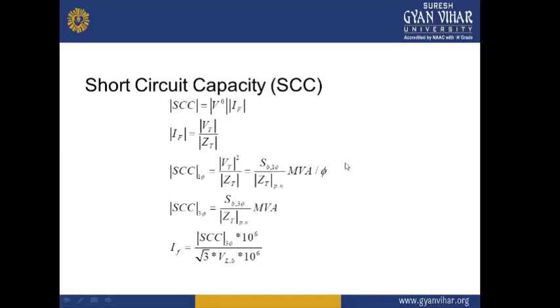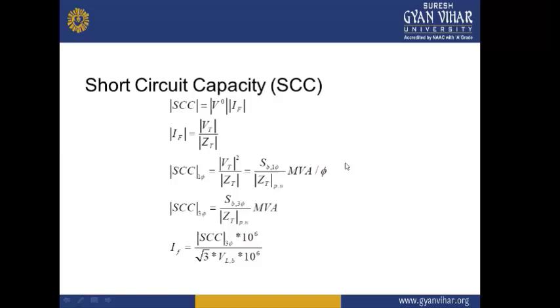If you would like to calculate for the complete three-phase, we can calculate it as the three-phase base power upon Zt per unit, in MVA. Similarly, with the help of this short circuit capacity, we can directly calculate the fault current.